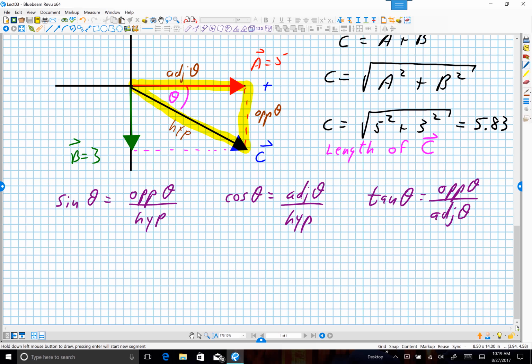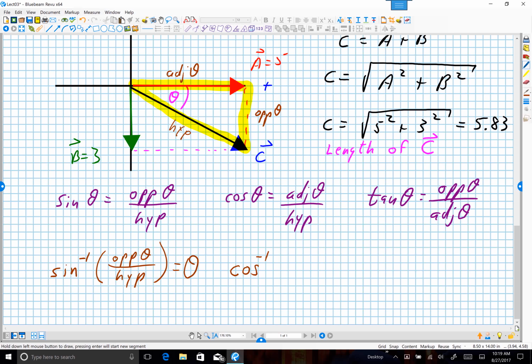I don't know the angle in this case, and so I'm going to use what's called inverse trig functions. They look like this: inverse sine of opposite theta over hypotenuse equals theta.